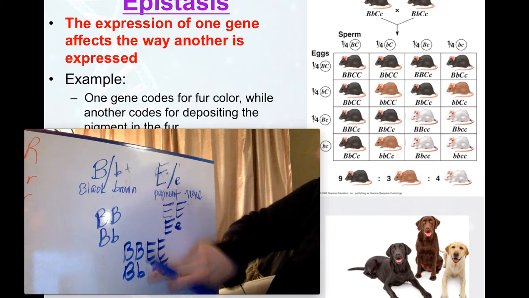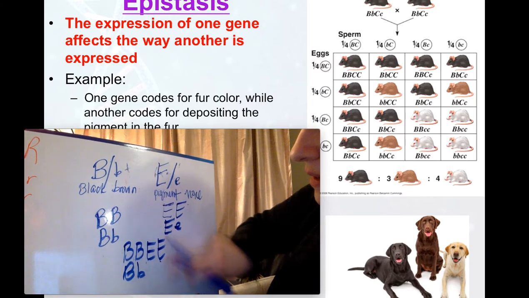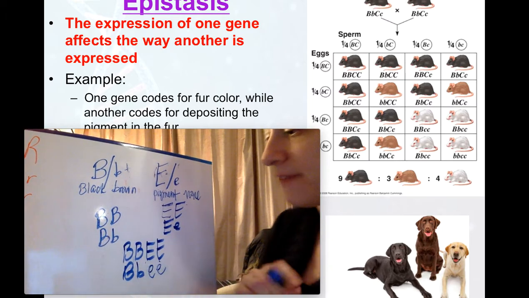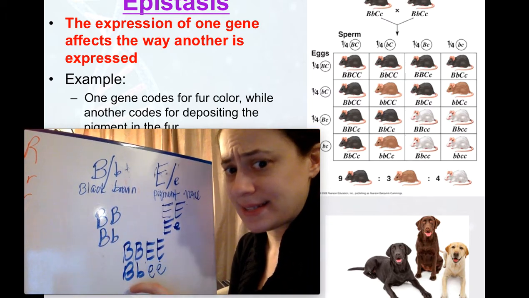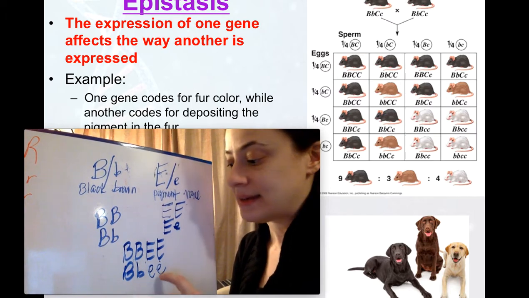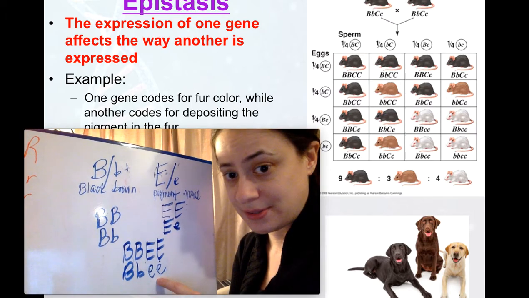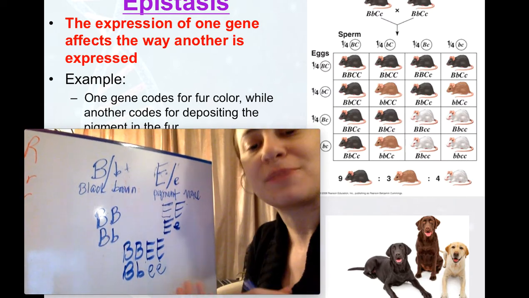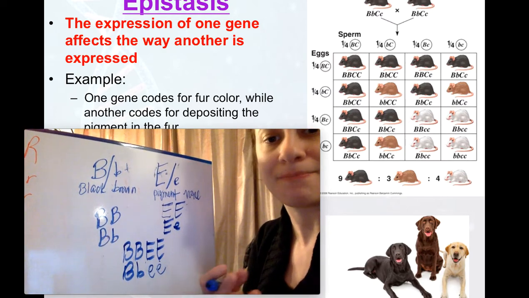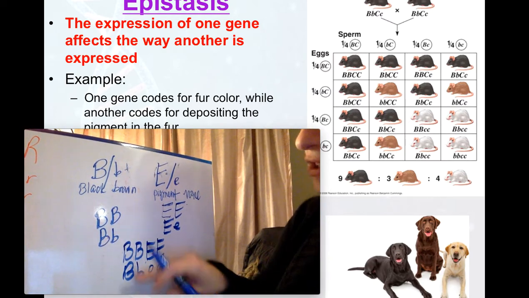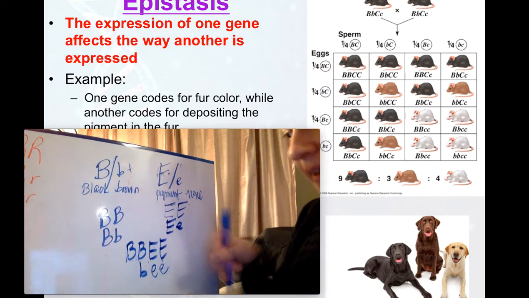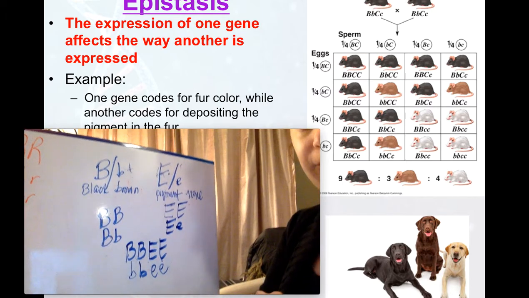Now, let's say that we get rid of this, and we replace it with two recessive e's. Even though this lab is supposed to be black, now the pigment is no longer produced, which means it's now a yellow lab, so the genotype would be matching a yellow lab. Or, let's say we have this now.